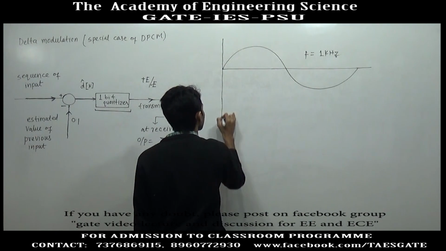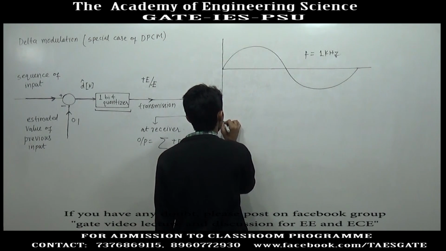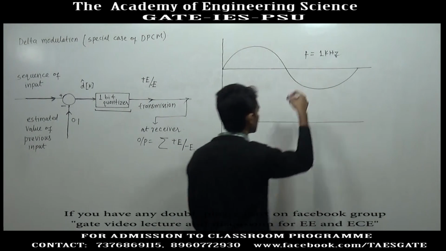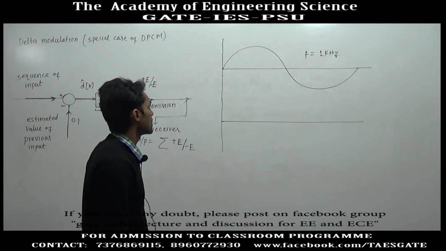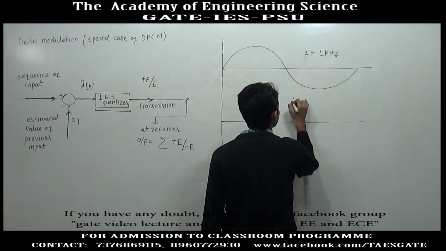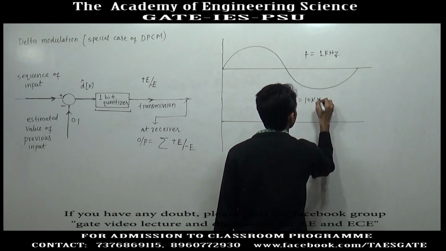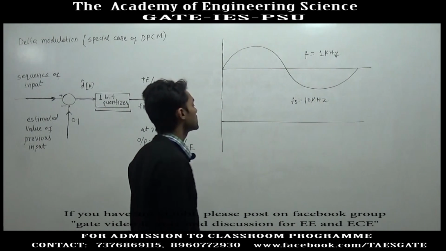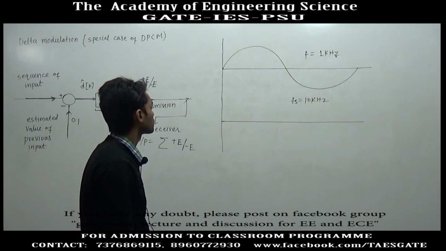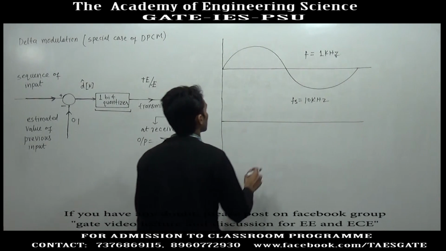For transmitting it, we will first digitize this signal. So, we will do sampling of this signal, and suppose the sampling frequency is 10 kilohertz. The sampling frequency is 10 times higher than the frequency of the analog signal.